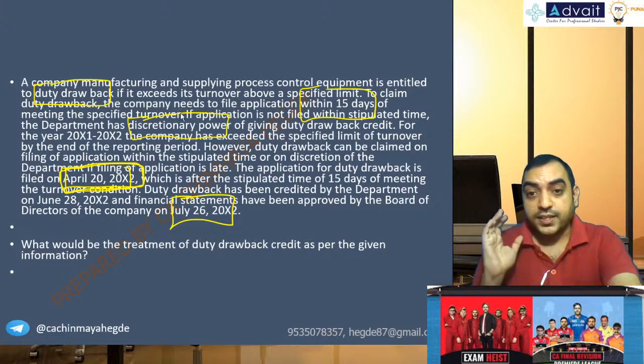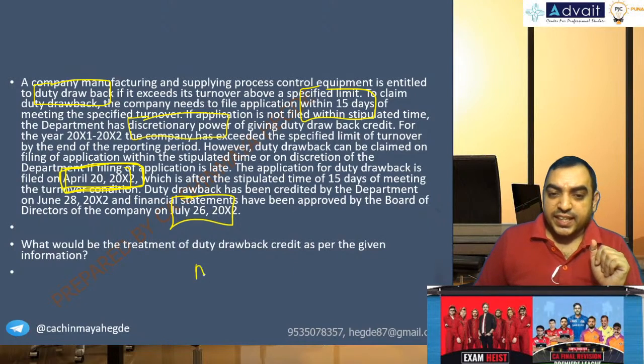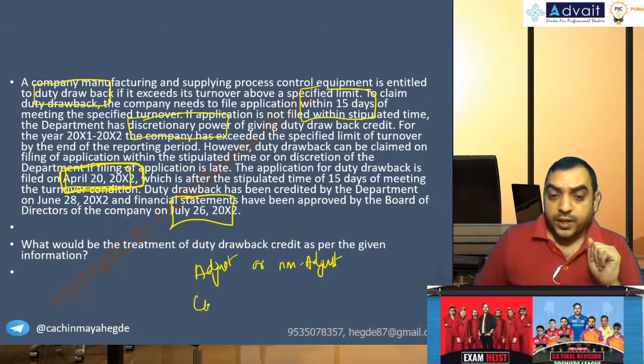Okay, so the question here, in simple words, is: is it an adjusting event or a non-adjusting event? And should this duty drawback become a contingent asset or an actual asset?